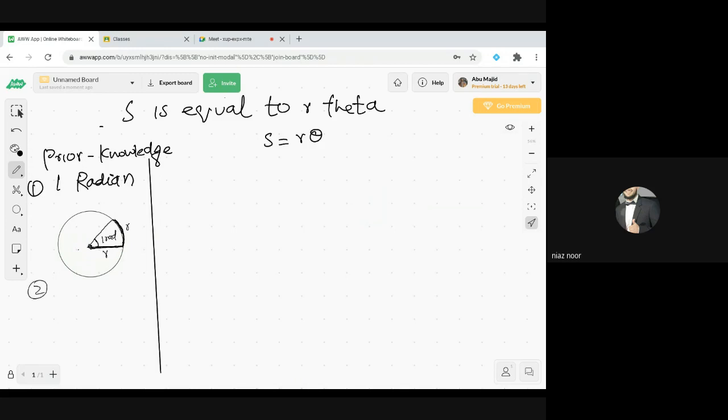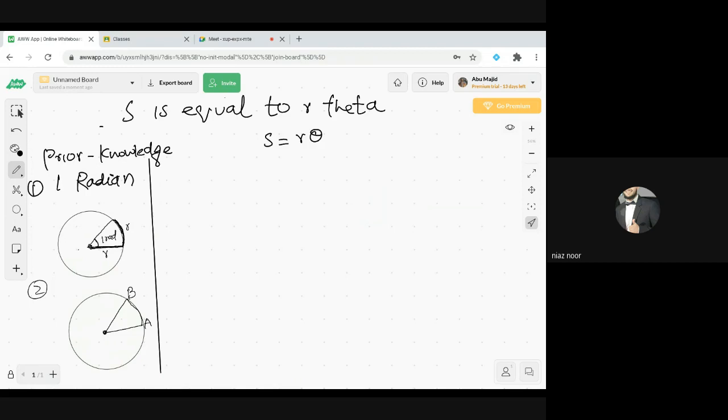The second thing we should know is a theorem. Suppose you have a circle here. Let's say this is the center. We have one arc here, let's say this is arc AB.